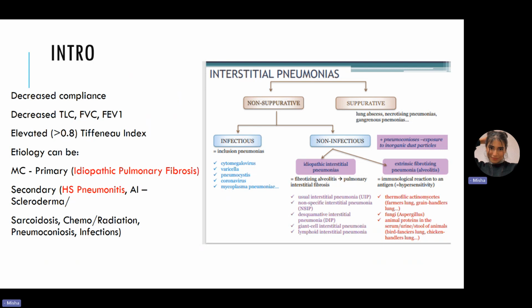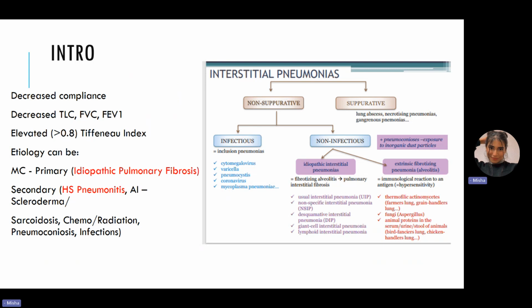So you'll see that they have a decreased total lung capacity, they will have decreased FVC, FEV1, and the ratio of FEV1 to FVC will increase. So the Tiffeneau index is going to increase. So please remember that, because that's one of the ways in which we can classify obstructive versus restrictive. So in restrictive, there's an increase in this ratio.